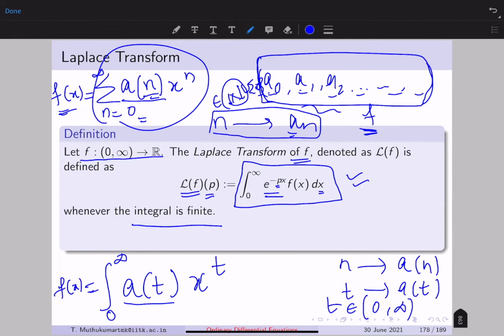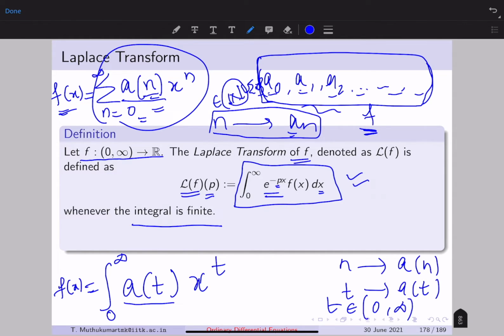This is the continuous analog of the power series. Now you know that an integral involving x to the power t is not always finite; it depends on the value of x.